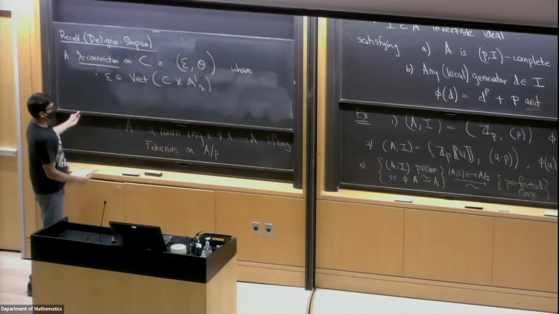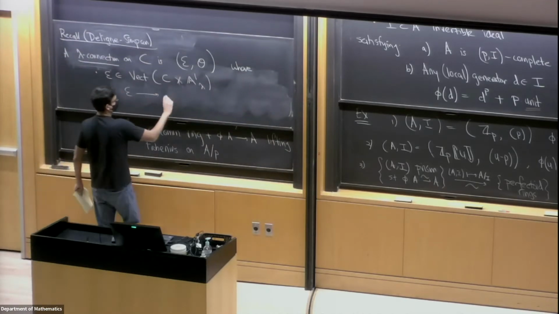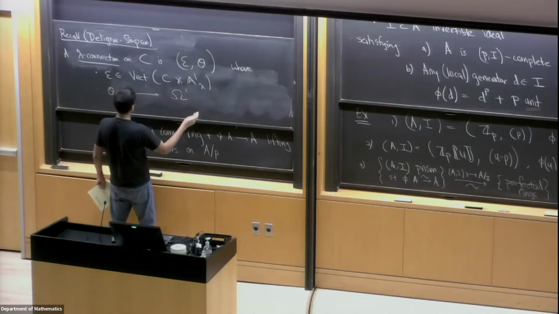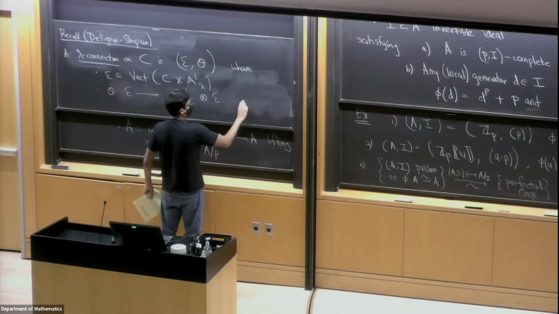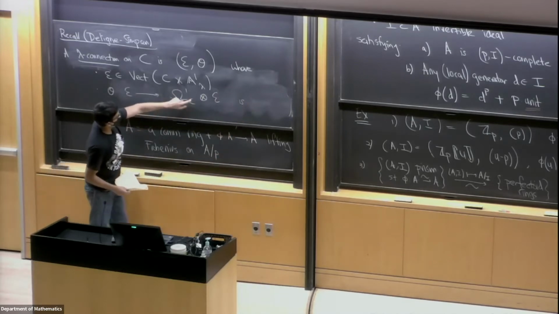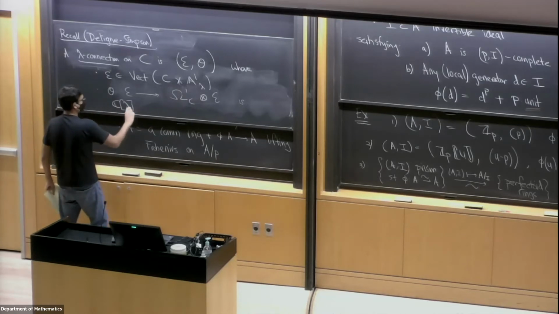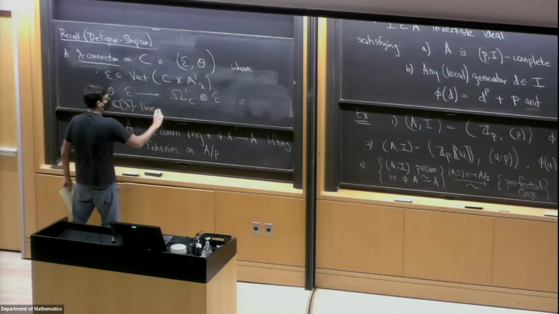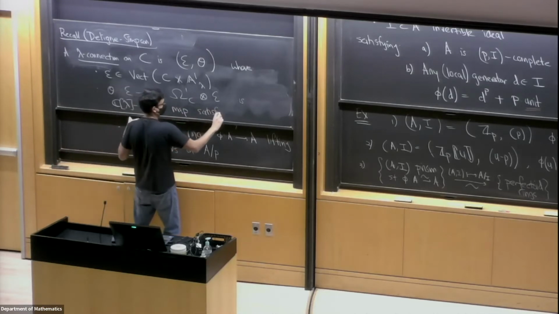And then theta looks like a connection. It goes from E to Omega^1 of C tensor E. But it only sees the differentials coming from C. So it's actually linear over lambda. So it's a C[lambda]-linear map. And it satisfies the twisted version of the Leibniz rule.